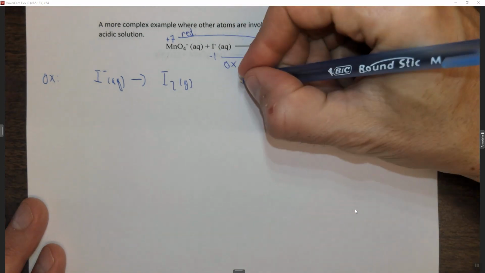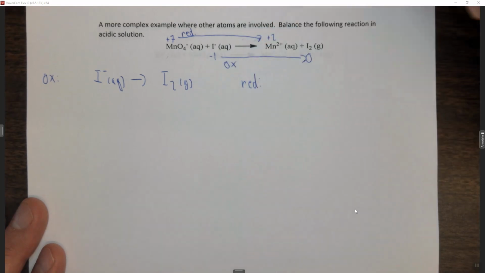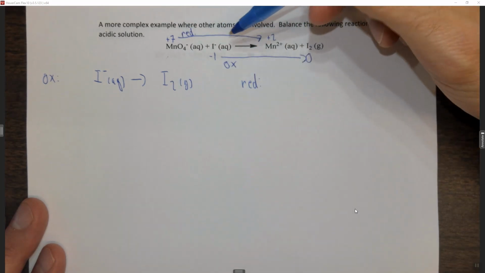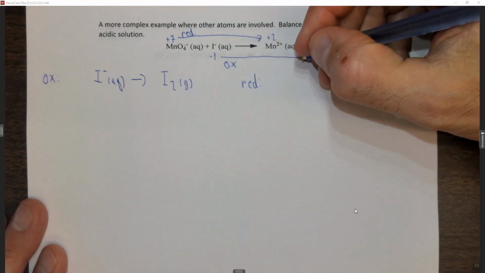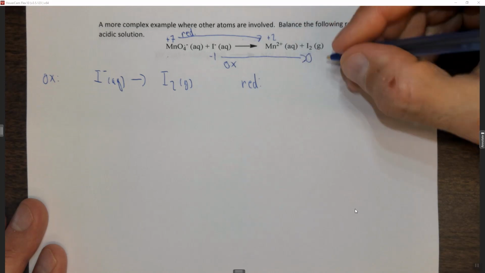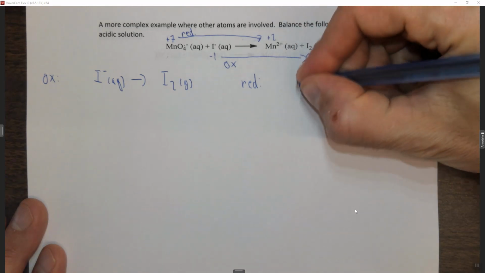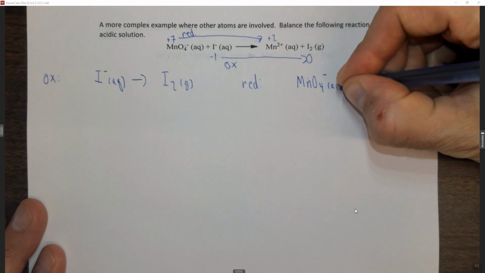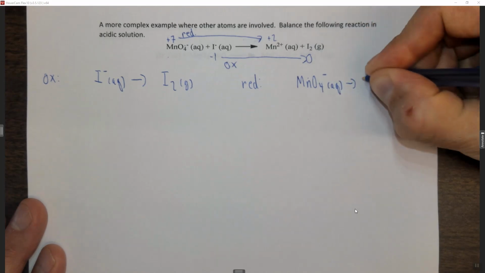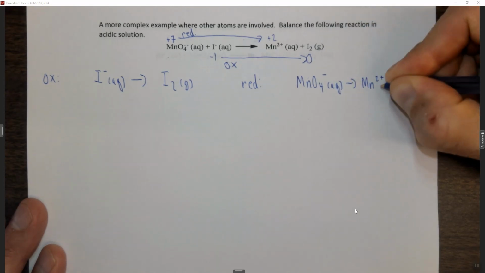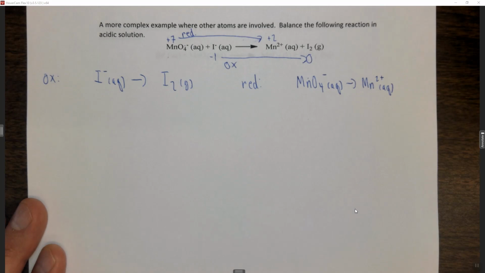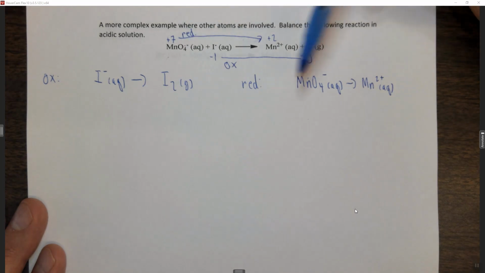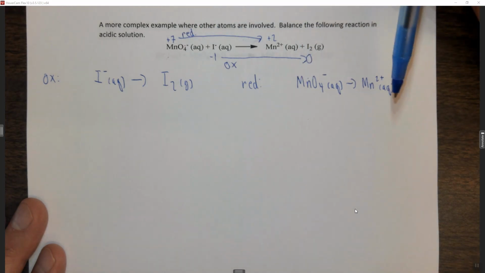Now for our reduction half reaction, we're going to write out the other half reaction, which is MnO4 minus aqueous yields Mn2 plus aqueous, like so. So this is our oxidation and reduction half reactions.